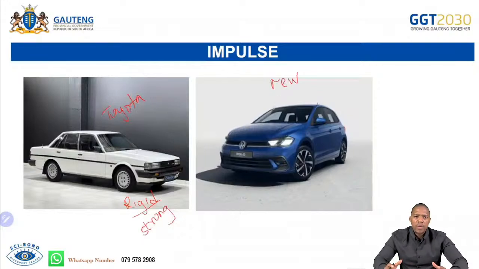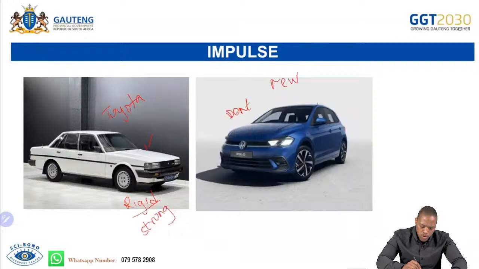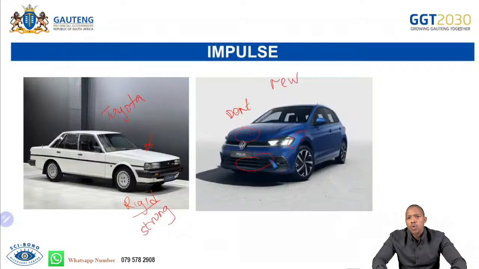Why are they made up of material that is weak, that if you lean against this car, for example, you can simply dent it by just sitting against it or leaning against it. The new car will be dented. But this is not going to happen on an old Toyota Cressida, but it will happen in this new Polo. So the bonnet is weak, the bumper is weak, even the fenders also, they are weak, unlike the old cars.